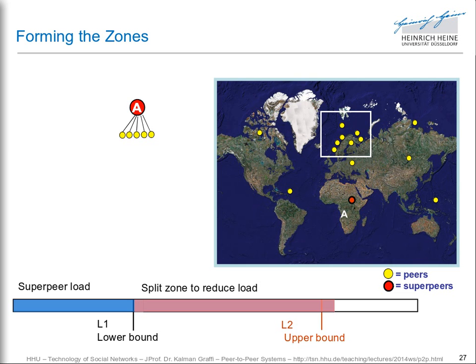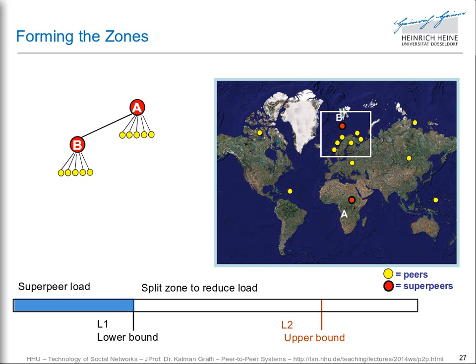So for example, we build this zone with a few nodes and we reduce the load. So we are now at L1 again, and we have a peer that has been decided to be the super peer. This is B. B here is the strongest one in this rectangular zone.